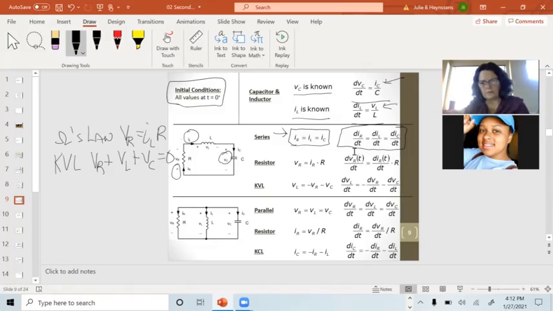Now, if it's a parallel circuit, they're a little bit different. Parallel, we know they share the same voltages. We still know VC and we still know IL from the 0 minus circuit. Since I know VC and it's in parallel, I know VL, I know VR.